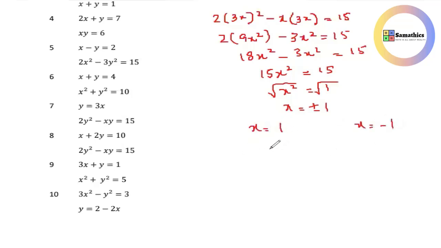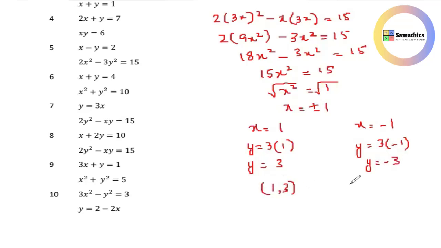Then you can take out the value of y. y is equal to 3 into 1, so y is equal to 3, and when x is minus 1, y is equal to 3 into minus 1. So we have y is equal to minus 3. So we have got two coordinates, 1 comma 3 and minus 1 comma minus 3.